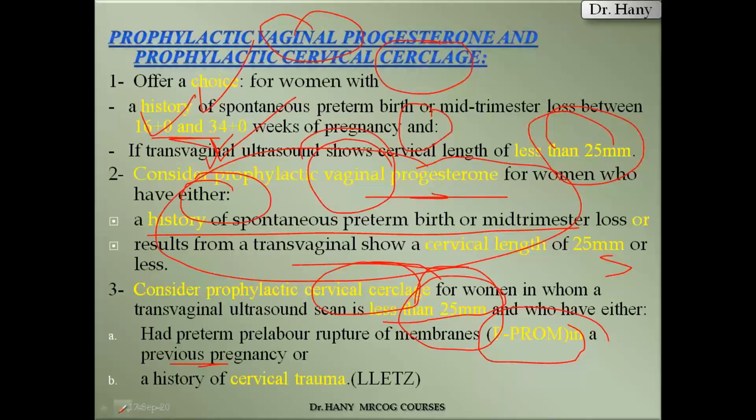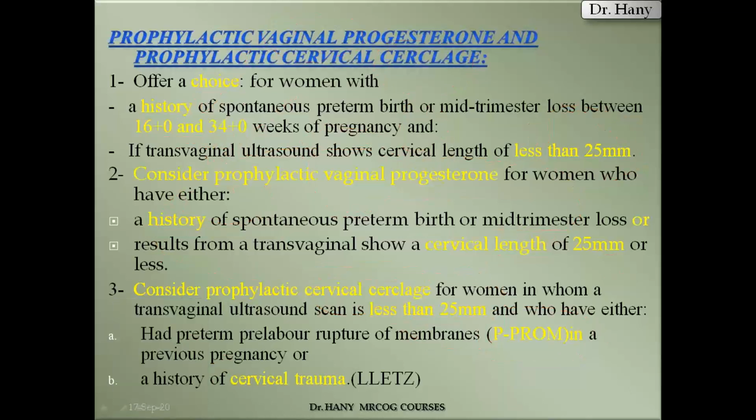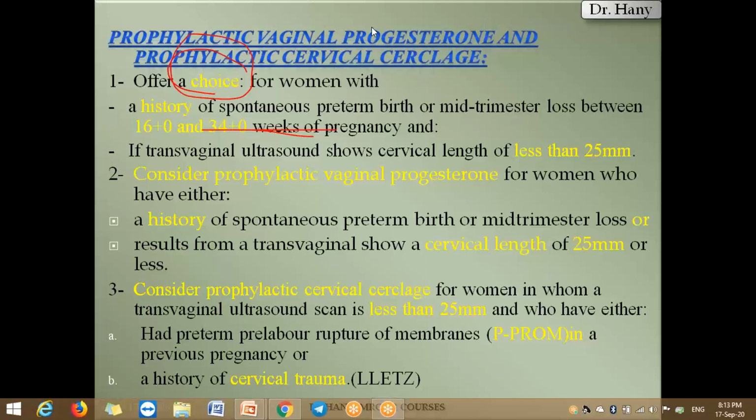Again, to offer that choice, I should have both together: a history of preterm labor in the previous pregnancy or mid-trimester abortion, and the scan now. So I will offer the woman the choice. It's her option. She will have the counseling to choose between vaginal progesterone and cervical cerclage.